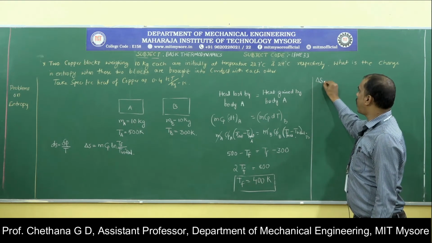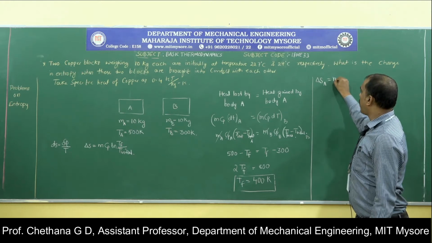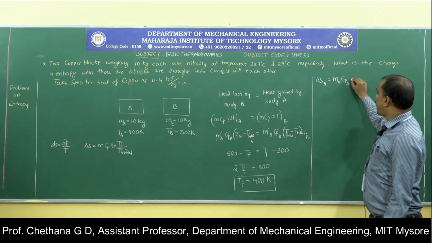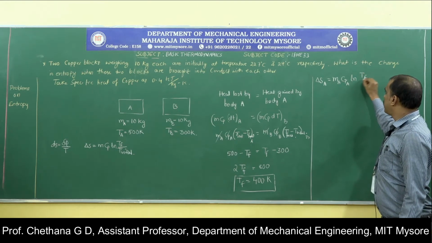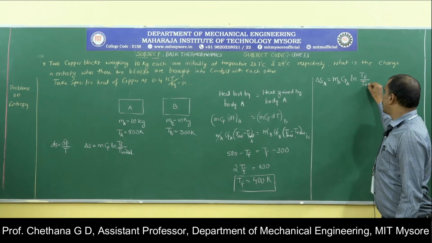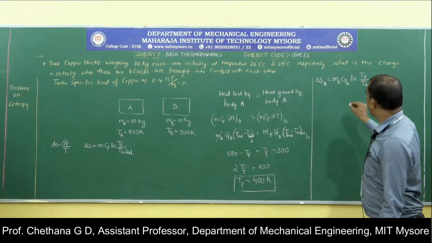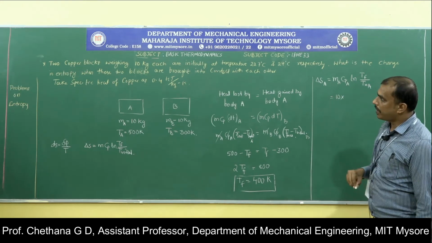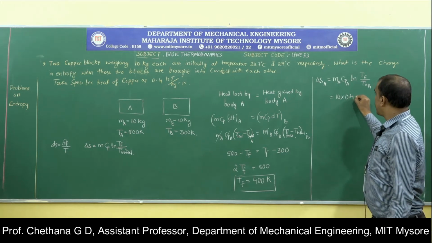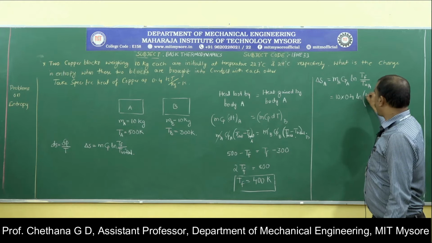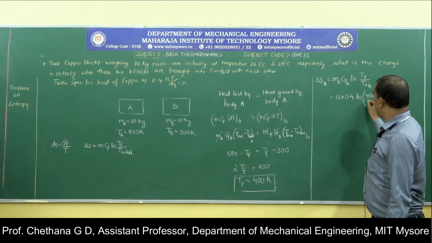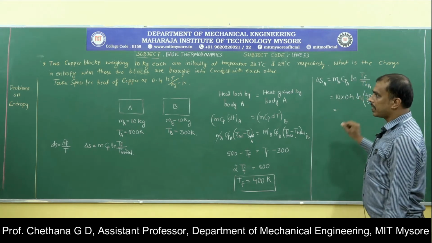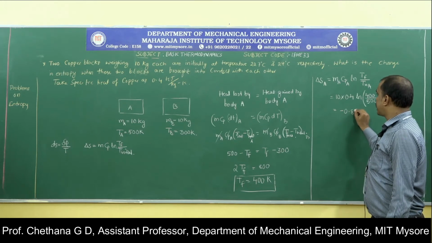Delta S of body A will be given by mass of body A, Cp of body A, ln of T final by T initial of body A. T final is same, no need to represent as A. Now mass of A is 10, Cp 0.4, ln of T final is 400 divided by initial is 500. Now the answer you get is minus 0.89.